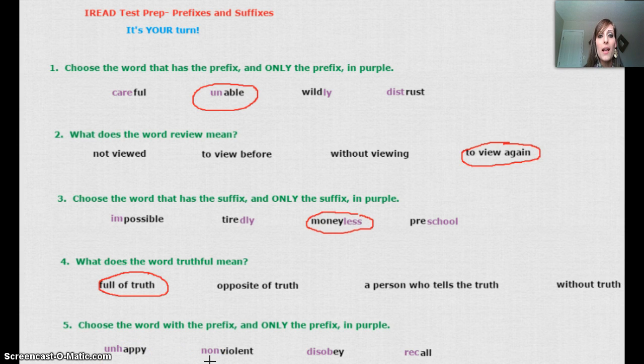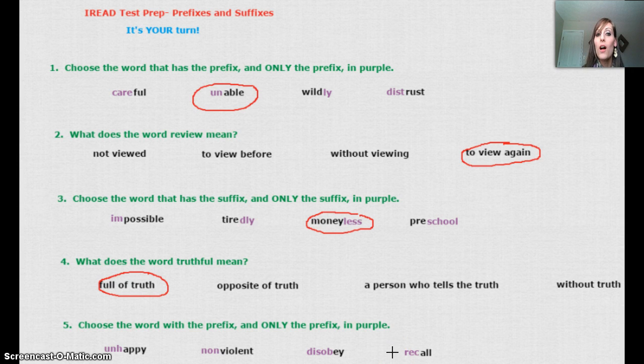Non-violent. Non is in purple, and I know non is a prefix that means not violent. That might work. Disobey. Obey is my root word, but they have D-I-S-O-B in purple. Is that a prefix? No way.